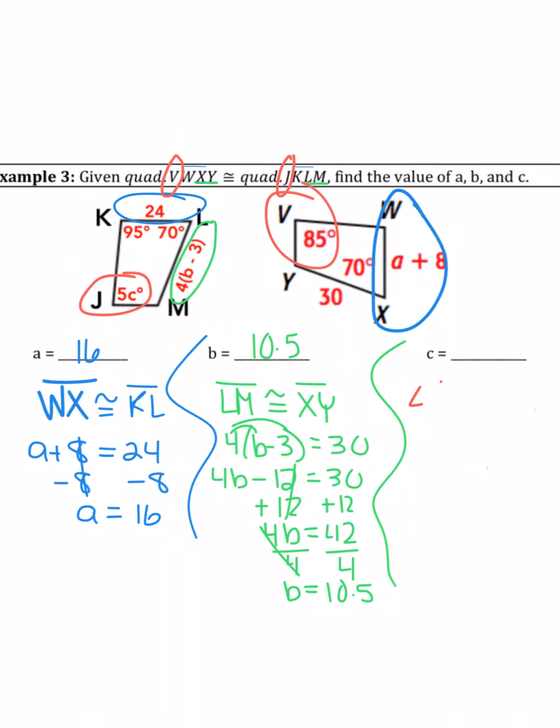So I would say angle J is congruent to angle V. And then I see that J's measure is 5c and angle V's measure is 85. So my only step to solve is to divide both sides by 5. And then I get an answer of c equals 17.